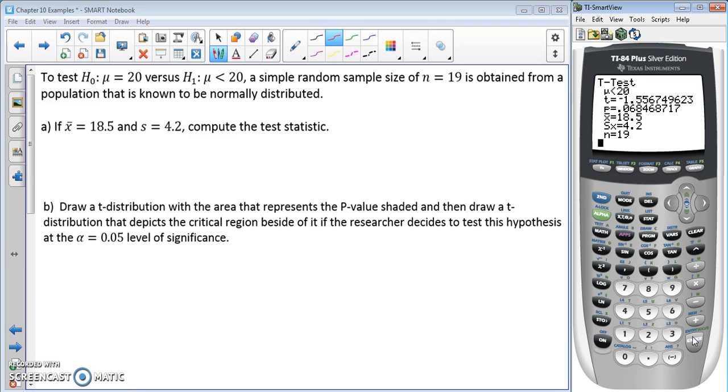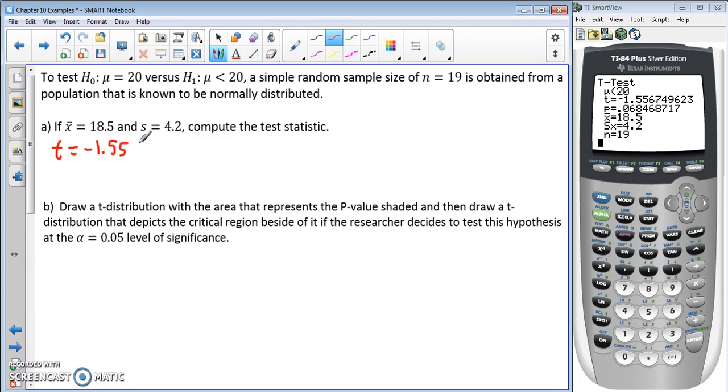So our test statistic here is negative 1.5556749623, and I'm going to go and write the p-value.